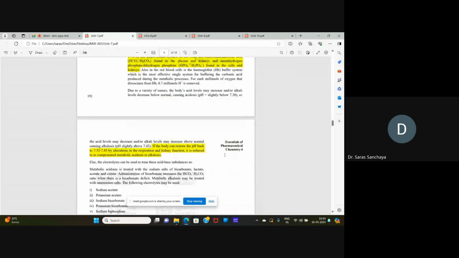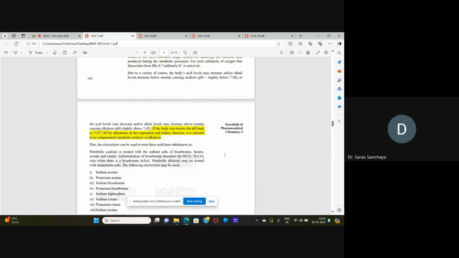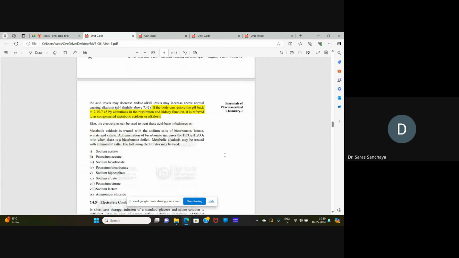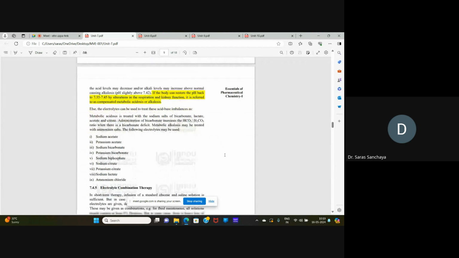If the body can restore the pH back to 7.35 to 7.45 by alteration in the respiration and kidney function, it is referred to as compensated metabolic acidosis or alkalosis. So, in major conditions, it can be compensated metabolic acidosis or alkalosis.